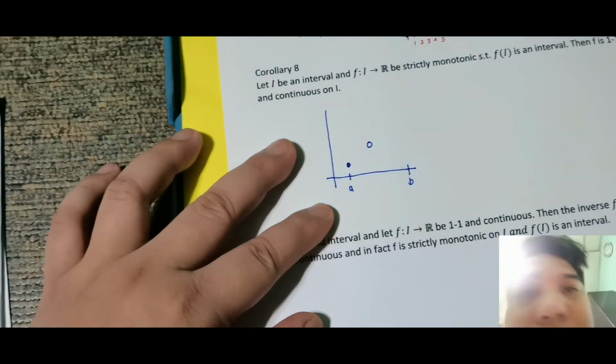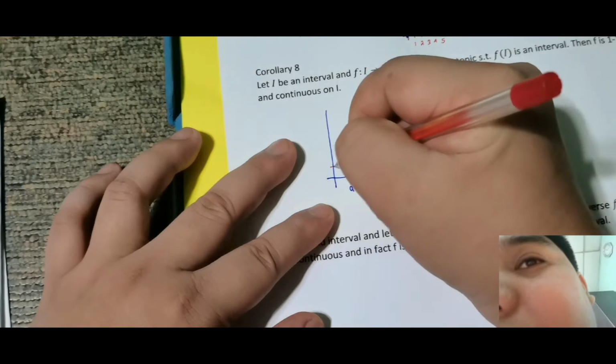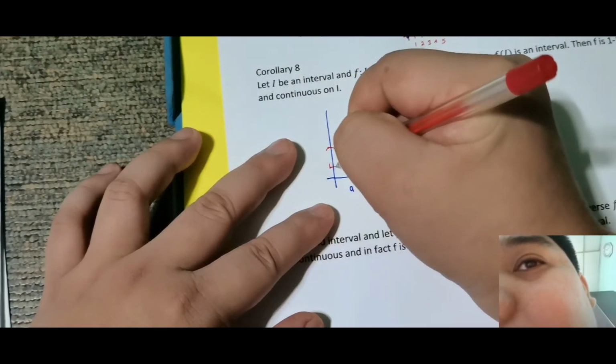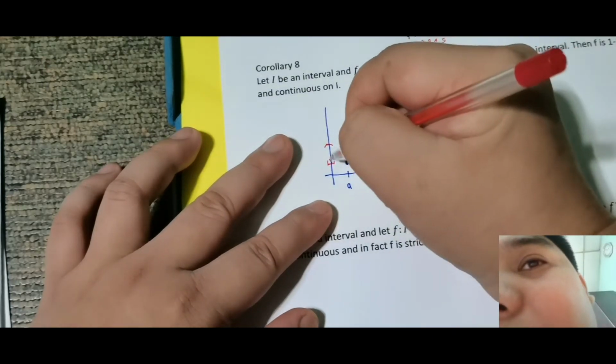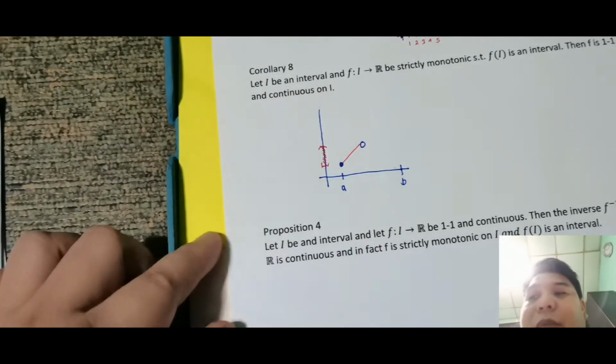Ngayon, ibig sabihin niyan, dito may counterpart siya. Yung katapat niya dito, open dito, close dito. Tapos ito yung interval somewhere. Yun yung ibig sabihin kasi open doon.